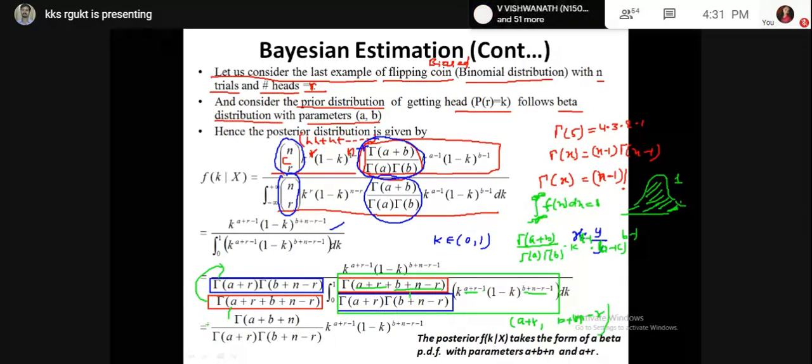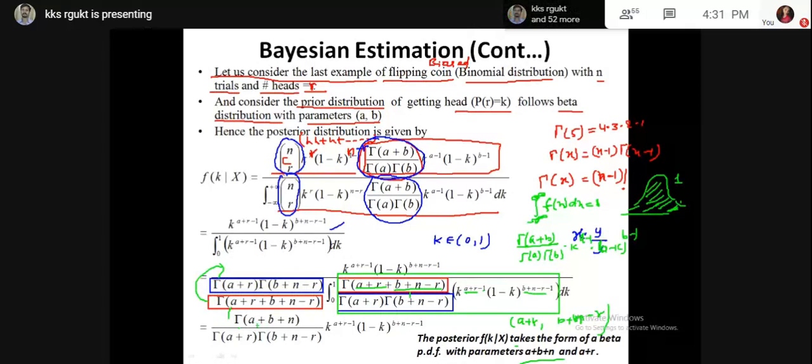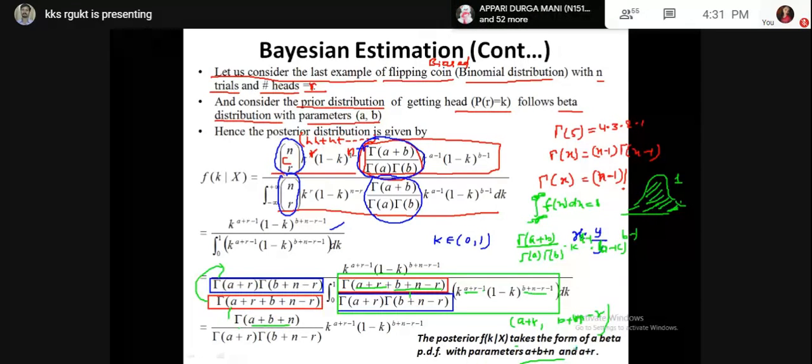So finally, this is our posterior distribution. Now this posterior distribution again took the form of a beta distribution, with parameters a plus r and b plus n minus r.